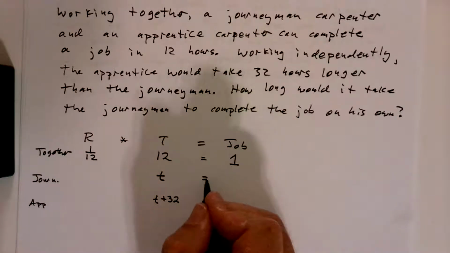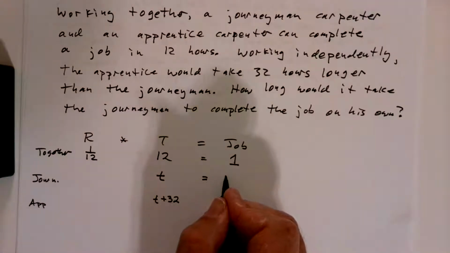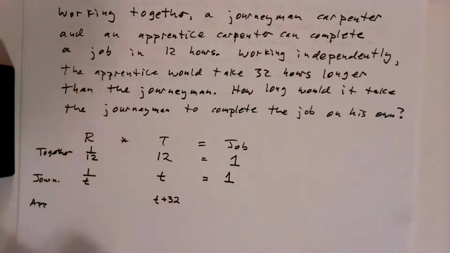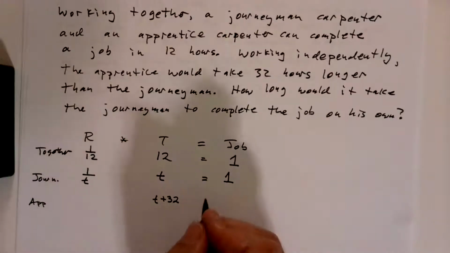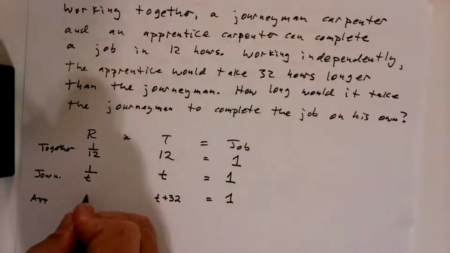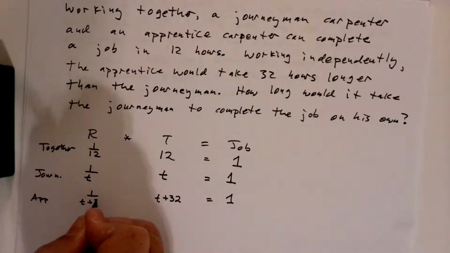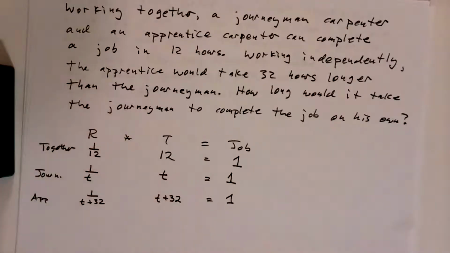The journeyman does one job in t hours, so his rate is 1/t. The apprentice, what does the apprentice do it in? Well, he does one job in t plus 32 hours. So the journeyman's rate plus the apprentice rate should indeed get us our one job in 12 hours.